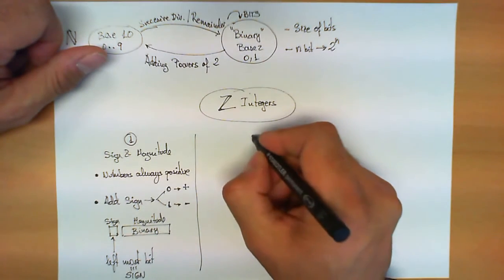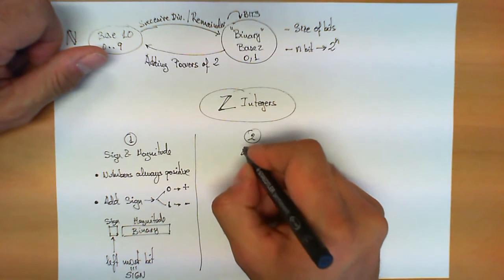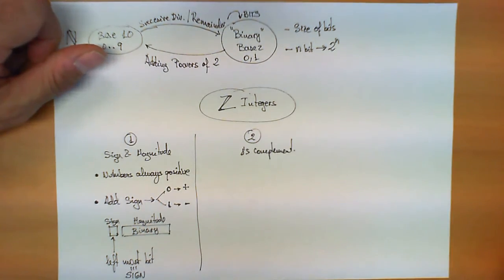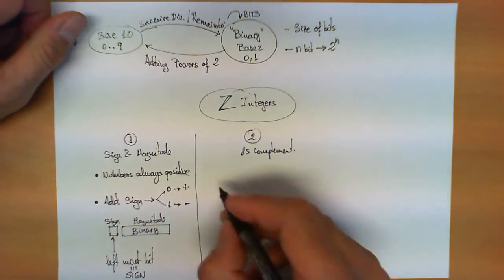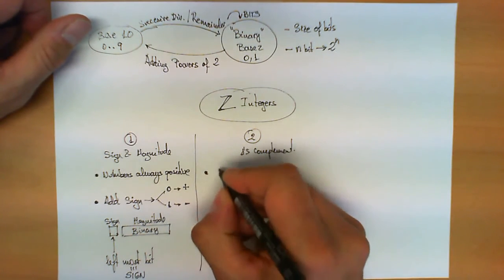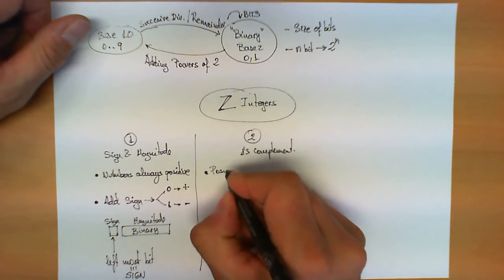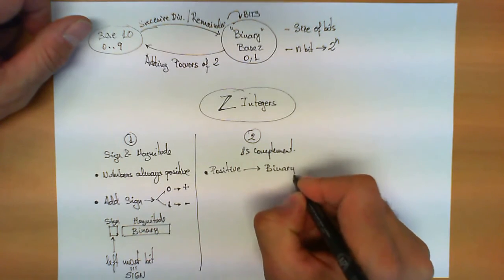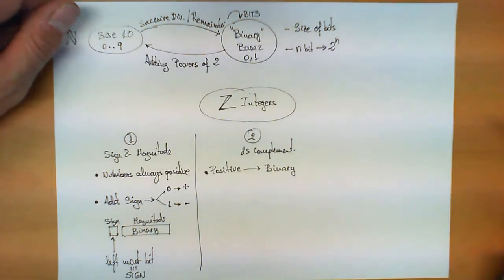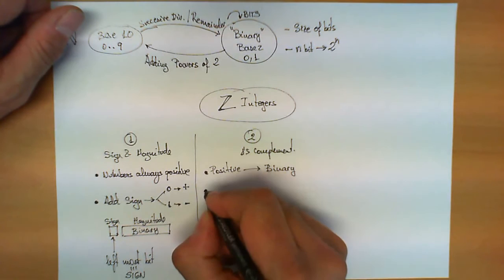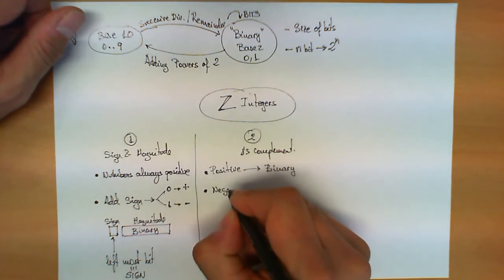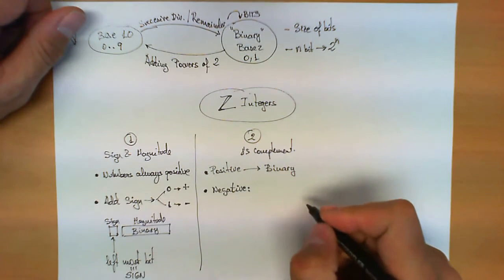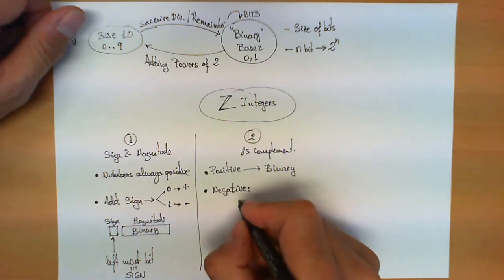The second option we studied is what is called ones complement. Ones complement representation has the following rules. If the integer we try to encode is positive, then we simply use the regular binary representation as if it were a natural number. However, if the number we want to encode is negative, then the way to obtain the binary representation in ones complement is following two steps.